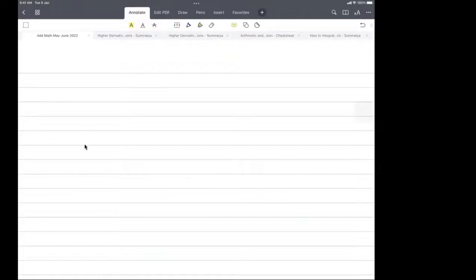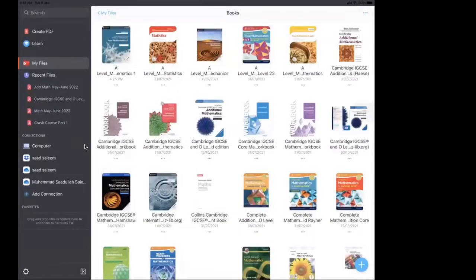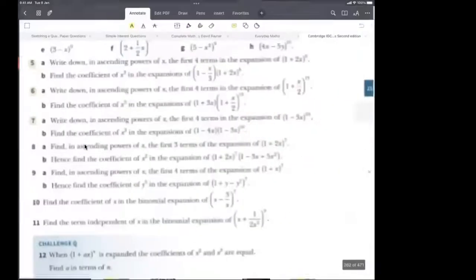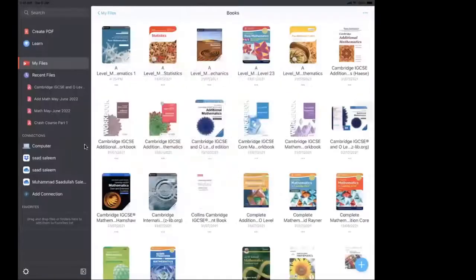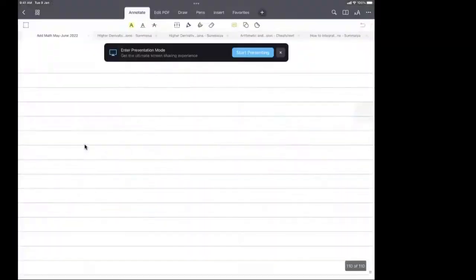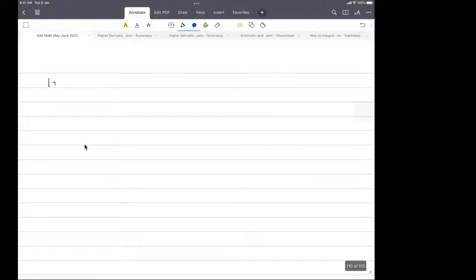Okay, let's look at question number 6. 1 plus x upon 2, the whole thing to the power 13. Okay. How many terms do we need? We need the first 4 terms, right?